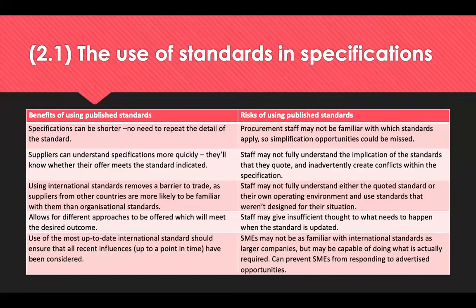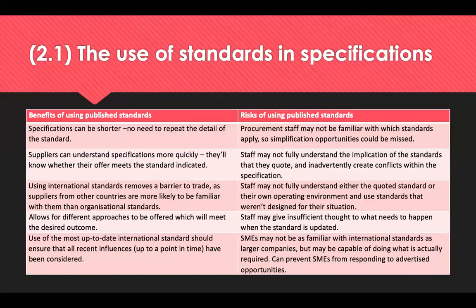So what are the advantages and disadvantages of using standards? Well, the benefits clearly are that the spec can be shorter, suppliers understand it quicker, it removes barriers to trade when you're using international standards, allowing people to have different approaches that will meet the outcome, and ensuring that you keep up to date.